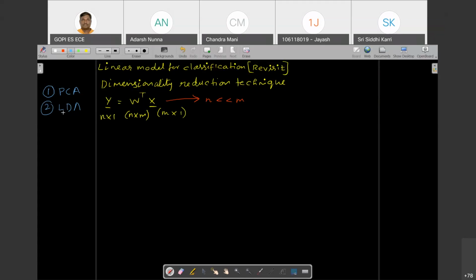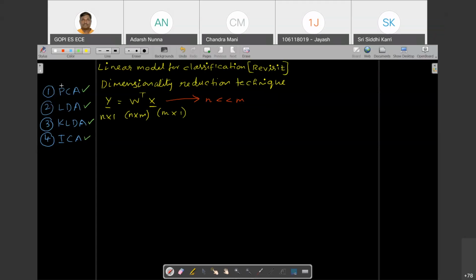In that we have important techniques, and still we have other techniques available, like ICA, but we are going to discuss some of them. Principal component analysis, PCA, then linear discriminant analysis, then the kernel linear discriminant analysis, and then independent component analysis.